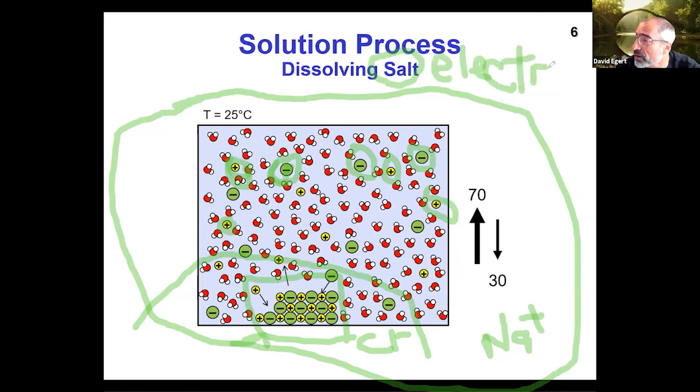I'm drawing with a mouse, so this kind of stinks, but it is coming up on the screen. Electrolytes, because once you dissolve them in water, they conduct electricity.